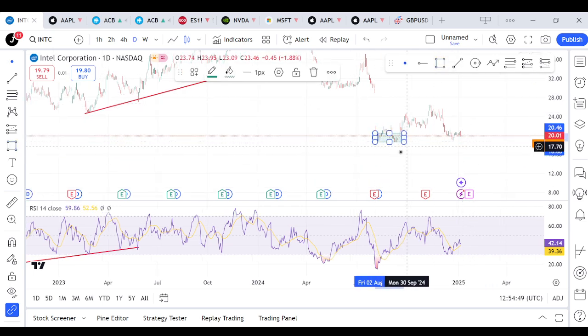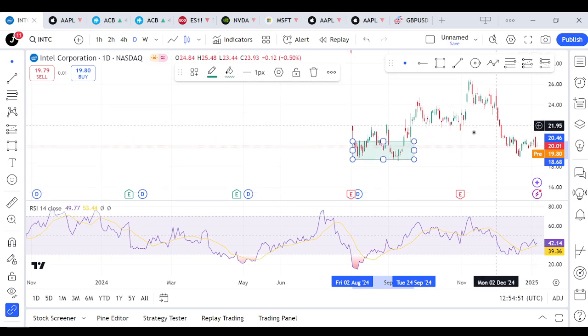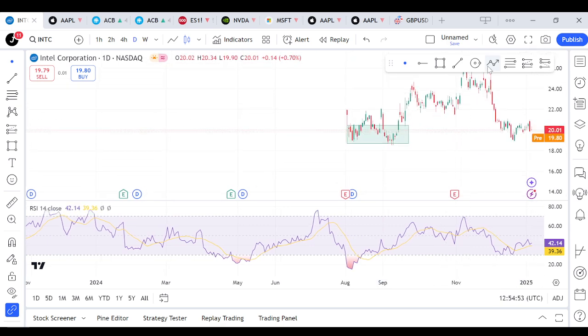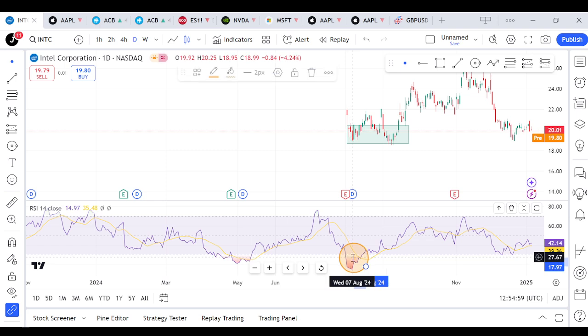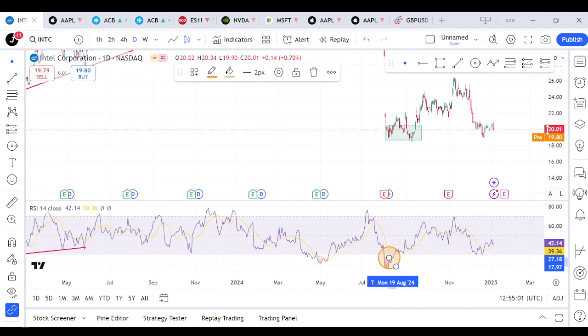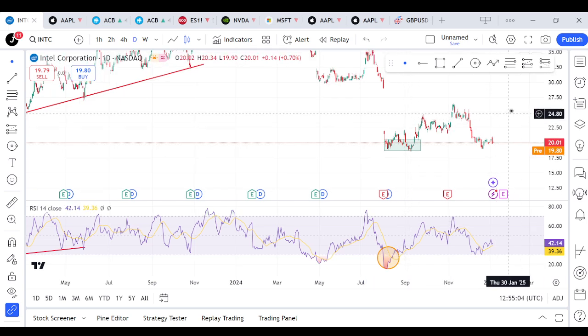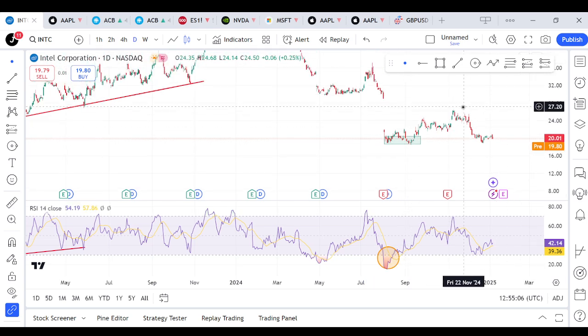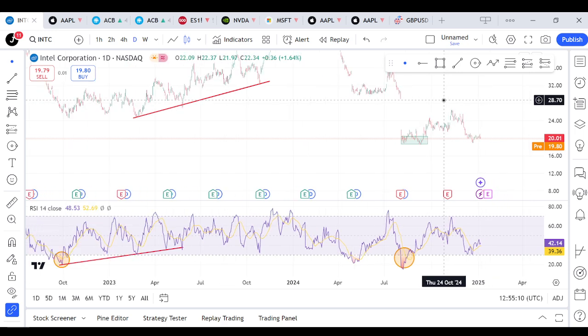As we had this double bottom, we are having significant oversold levels, signaling that the bearish trend which was in play is coming to an end, and we should be looking for buy trades in the market. So that is how you can use the overbought and oversold indicators in your trading strategy.